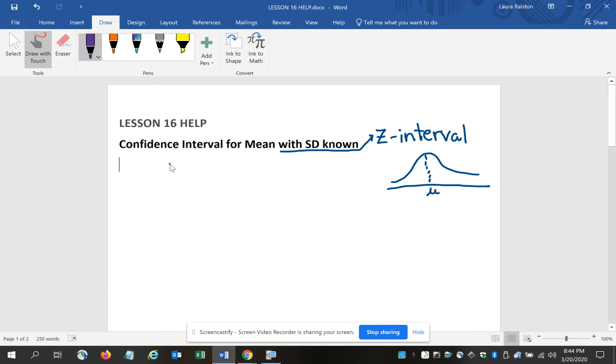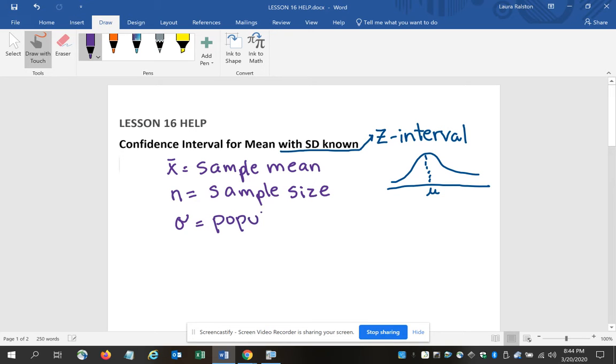The first thing that you need is X bar, which corresponds to the sample mean, or the mean of the sample. You also need N, which is your sample size. How many did you have in your sample? You need sigma, which would be your population standard deviation.